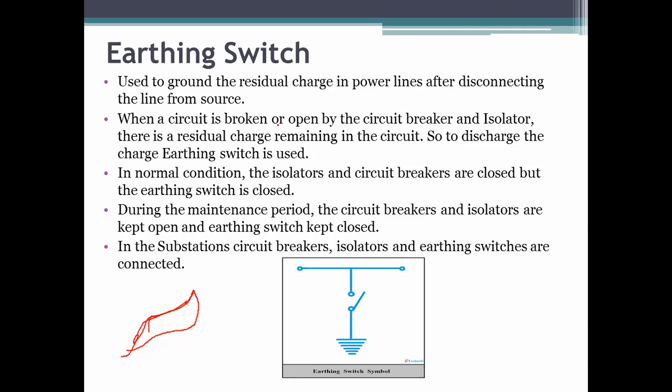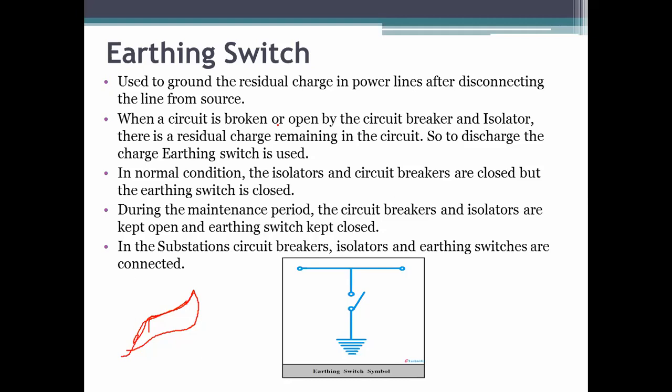Or when the isolator switch is used, we are just disconnecting the circuit. So there is residual charge remaining in the circuit. To discharge the charge, the earthing switch is used here.